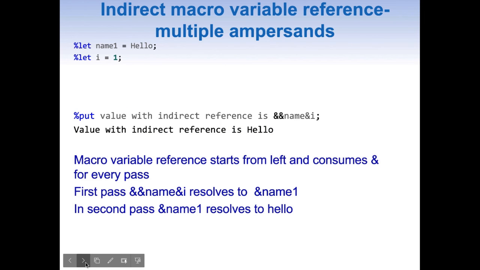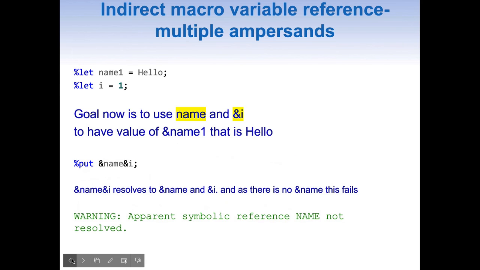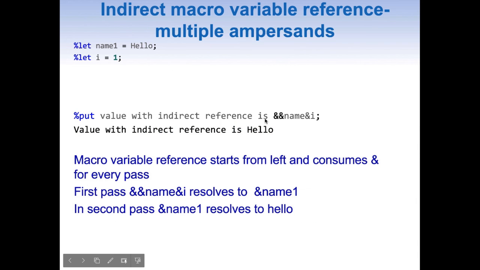We can do this with the help of indirect macro variable reference, which is by using multiple ampersands. Again, instead of using single ampersand name ampersand I, if you use double ampersand name ampersand I, this resolves to hello.